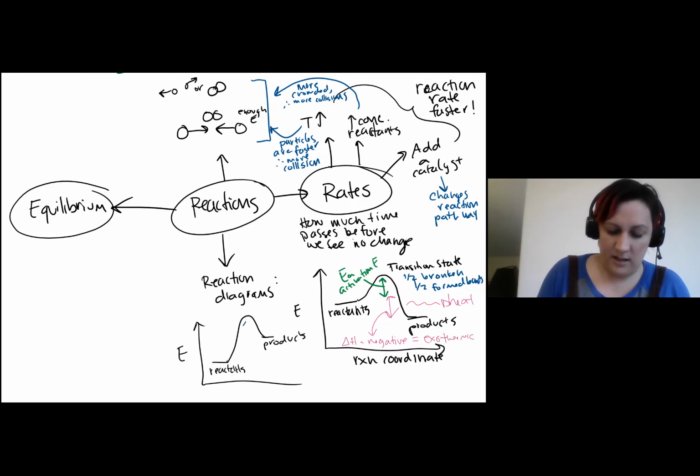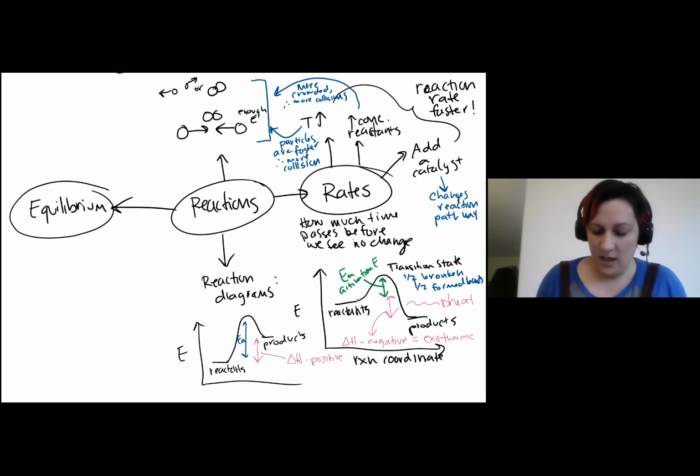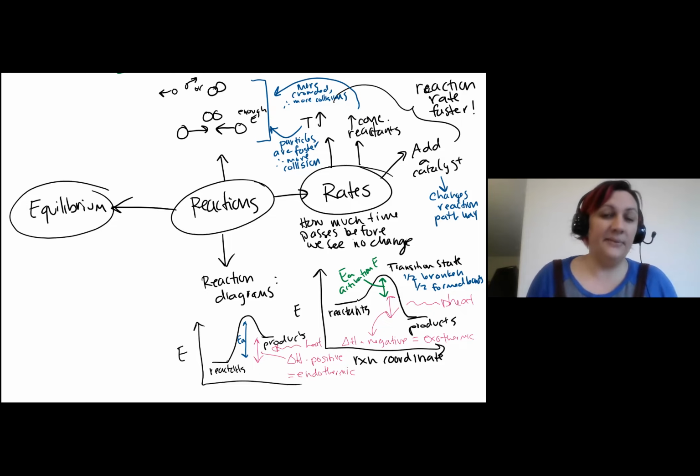So I've got my activation energy. And then here, my enthalpy is positive because the products are at a higher energy. And so we call this endothermic. And it means that you have to absorb some heat for the reaction to take place.